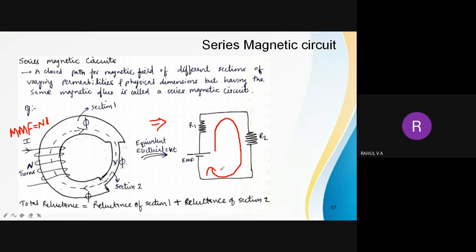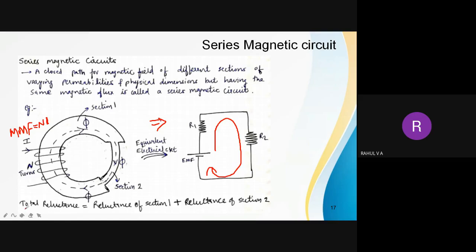When you compare a magnetic circuit with this kind of electrical circuit, we can see that in a series magnetic circuit, the flux through each section will be the same. That is a similarity. There is no change in flux, even though there is a change in cross-sectional area.